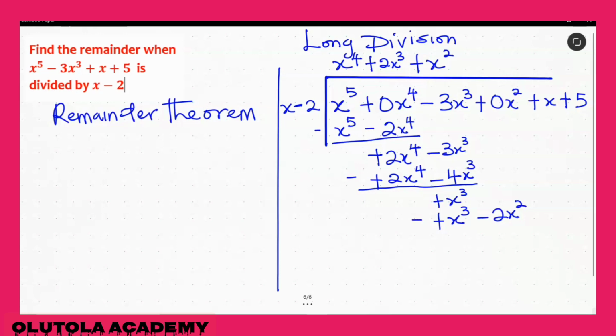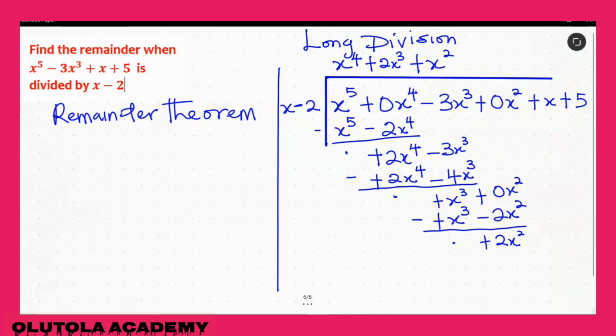So I subtract. Before I subtract, I will need to drop this. This will be positive 0x square, though it will have no effect, and this will give us positive 2x square. Of course, here will be 0, here will be 0, and here also will be 0, so I might not need to write that.